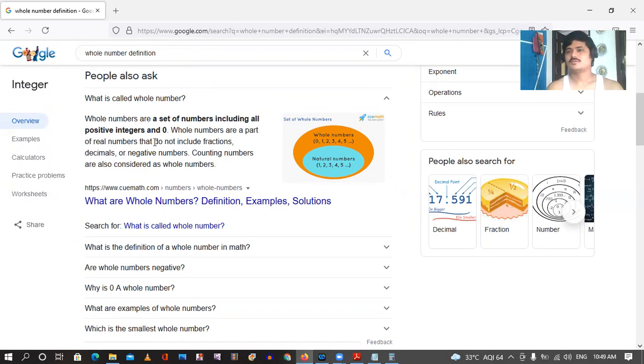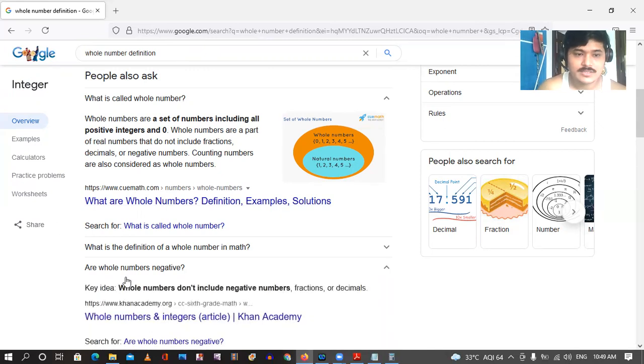No, 10 by 2 is still a whole number because 10 by 2 ultimately goes to 5. So the difference between integer and whole number is only that an integer is also a whole number, but it can include negative numbers. Whole number does not include negative numbers.